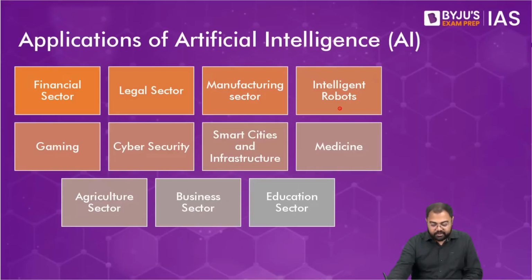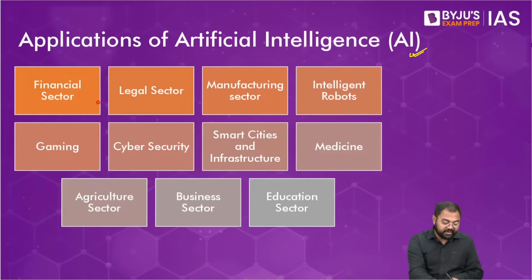Then coming to applications of artificial intelligence. Applications wise, the list is very long today. Today, we see that there is no sector, perhaps, that is untouched by artificial intelligence. There is no part of our being that is untouched by artificial intelligence.